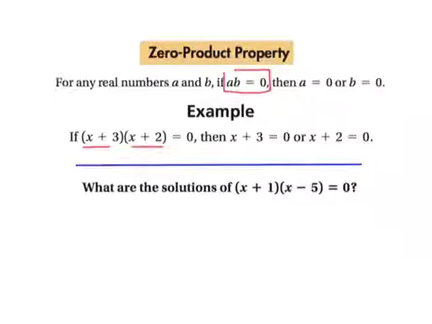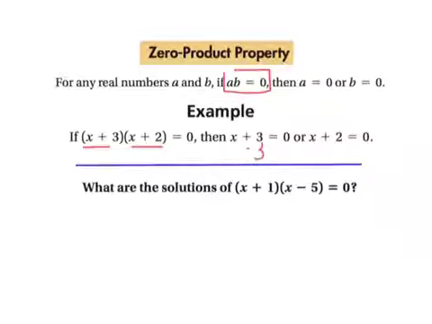Looking at this example, here I have x plus 3 times the quantity of x plus 2. So I know either that x plus 3 has to equal 0, or the x plus 2 has to equal 0, or maybe they both do. To find the solutions for this, to find those values where it crosses the x-axis, I just need to solve for x.